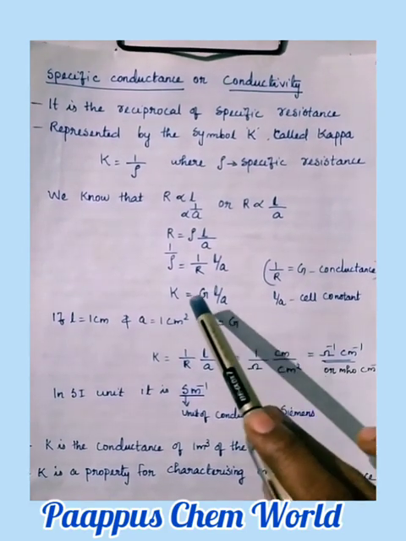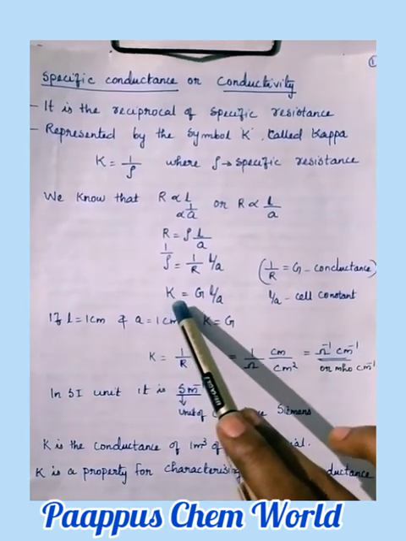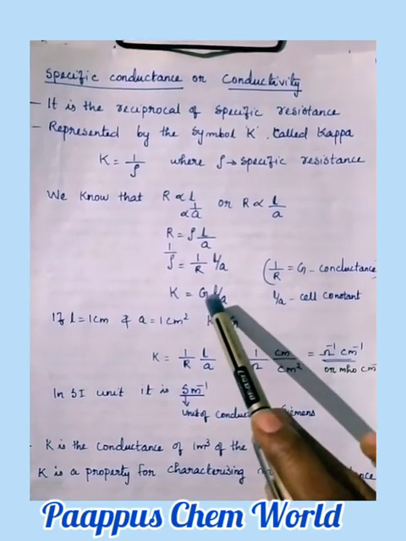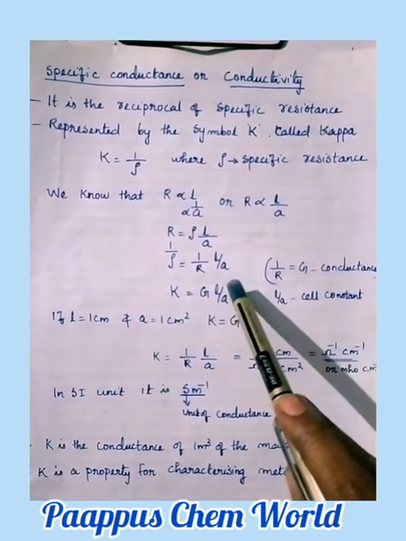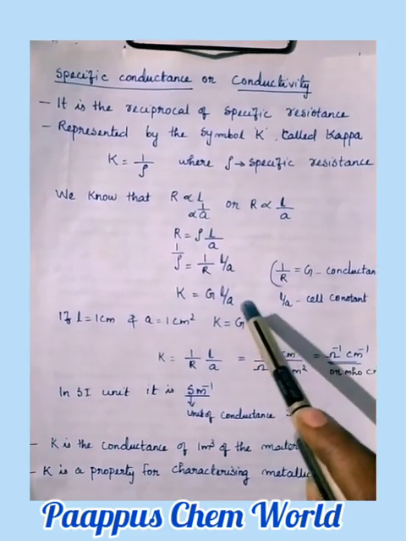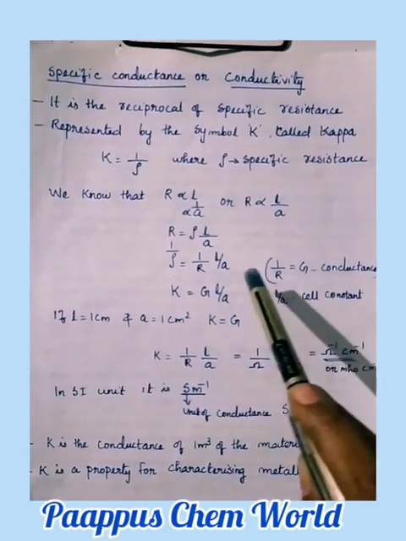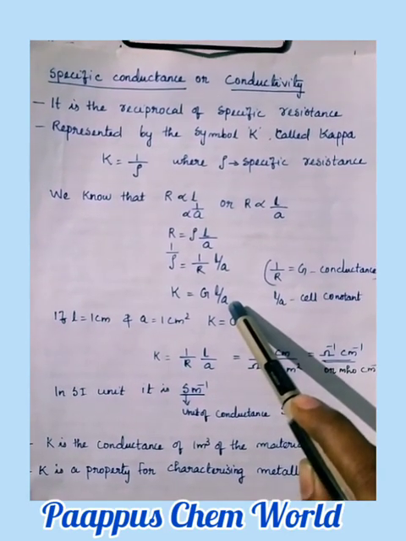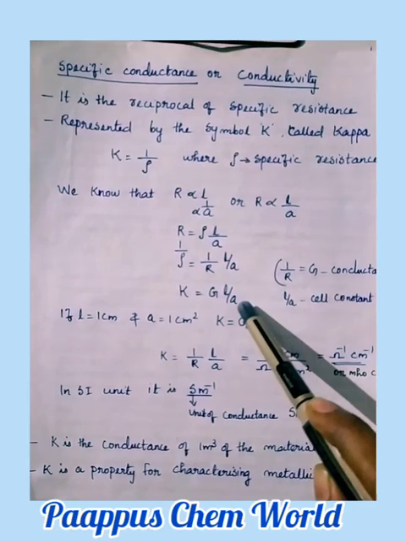So specific conductance or conductivity kappa becomes equal to conductance into cell constant. L by A is the cell constant. L is the length of the conductor, A is the cross-sectional area of the conductor.